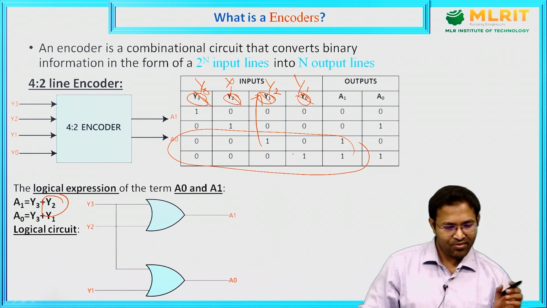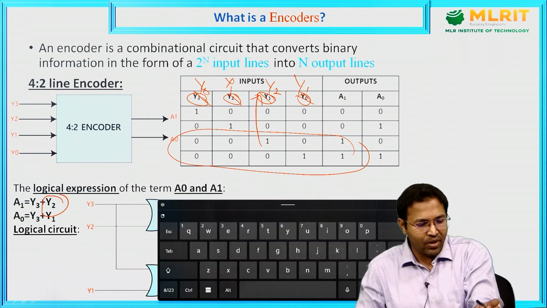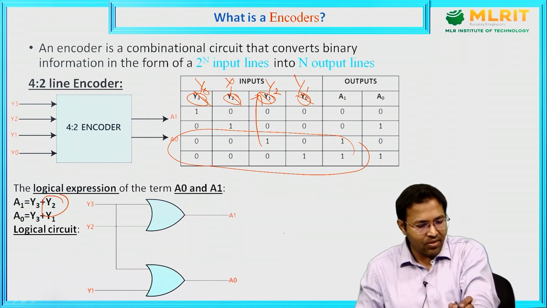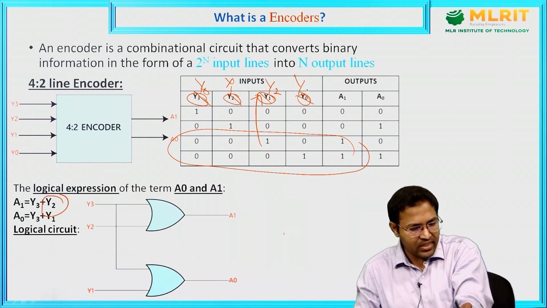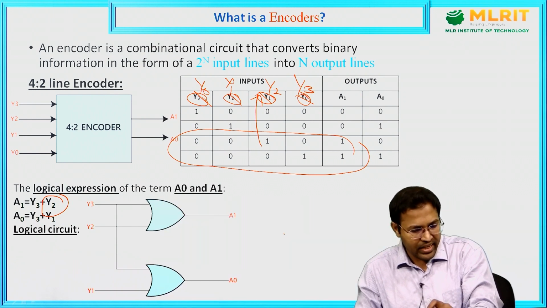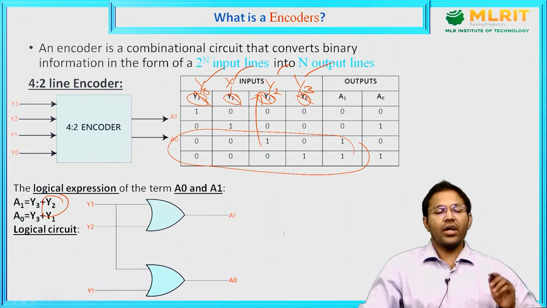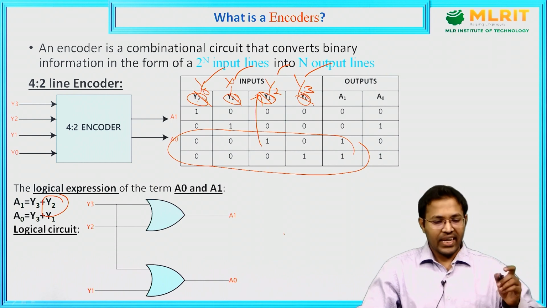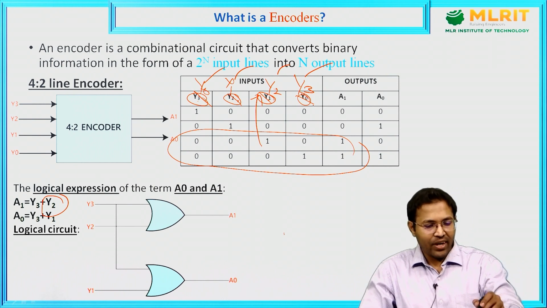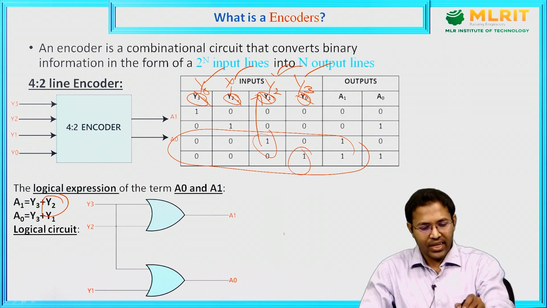The other one for A1, if we see the sequence, we can have the sequence like this: y0, y1, y2, y3, or y3, y2, y1, y0. In such a case, A1 could be simply y2 and one more, y3.